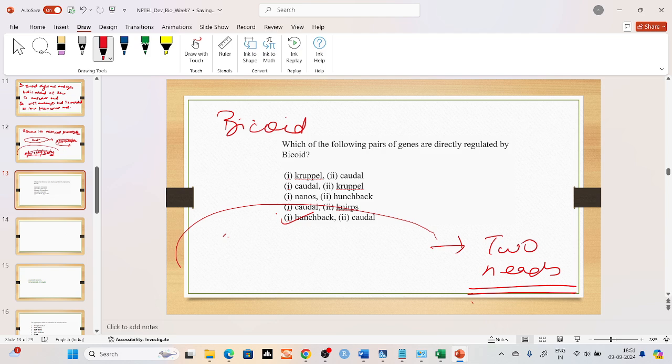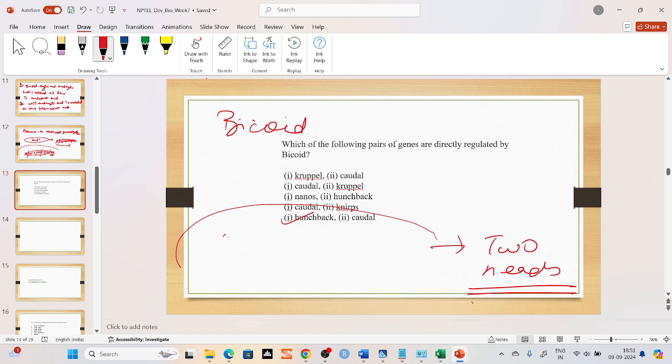You see that bicoid promotes the expression of hunchback, and bicoid inhibits the expression of caudal in the anterior region. So we have to see which pair of genes are directly regulated by bicoid. Now, this regulation can be either a positive regulation or a negative regulation.